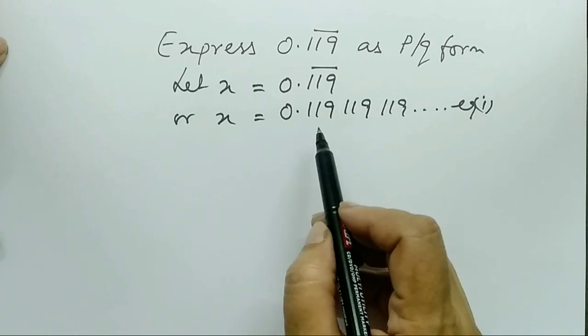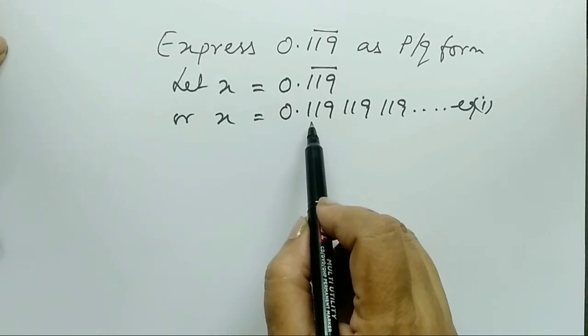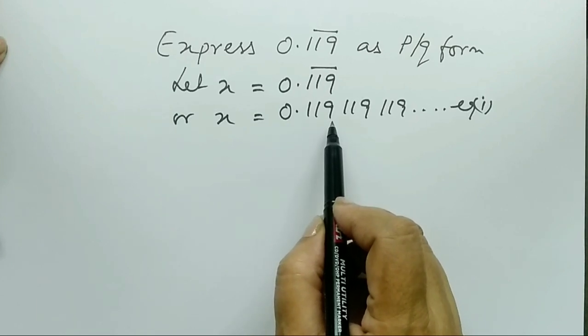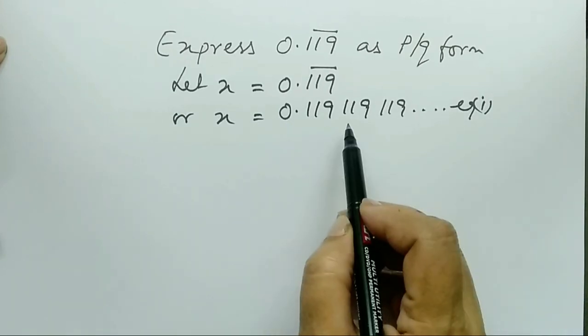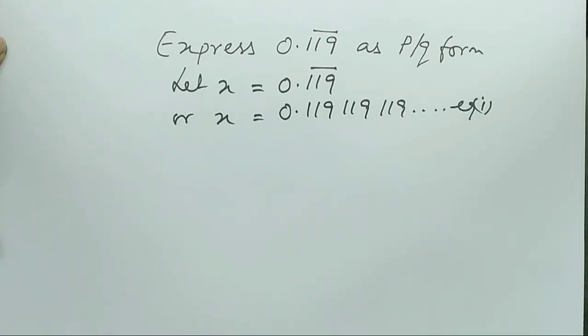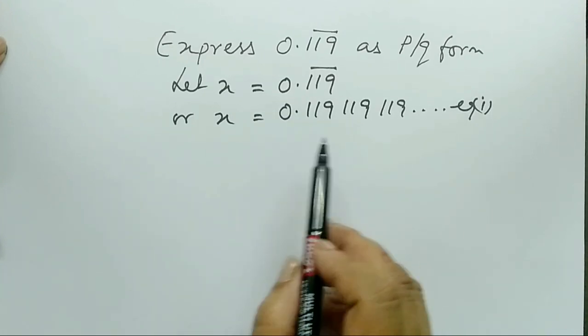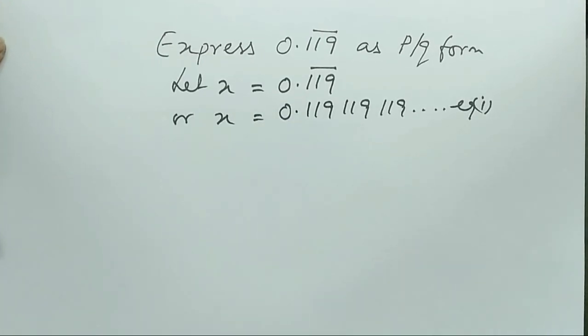So if we look a little carefully, we have 3 repeating digits after the decimal point. Here also 3, here also 3. So in this case, we need to multiply both sides by 1000.